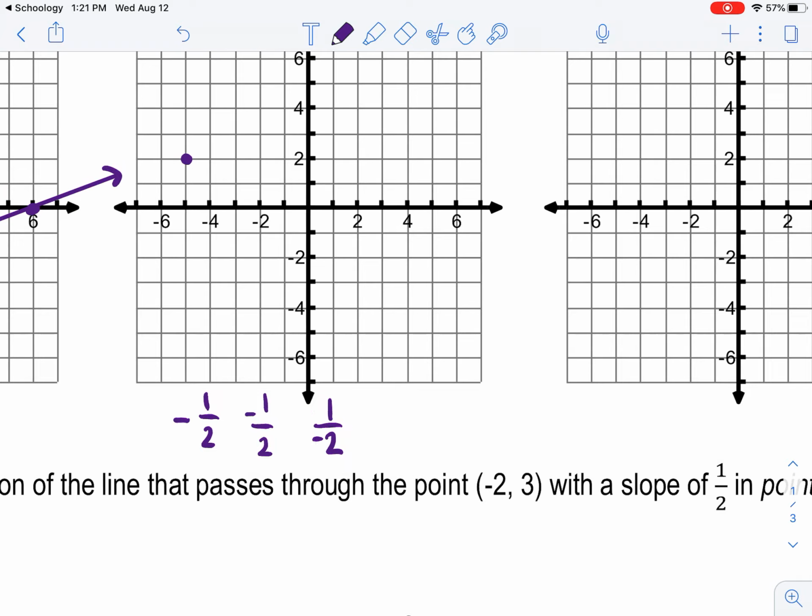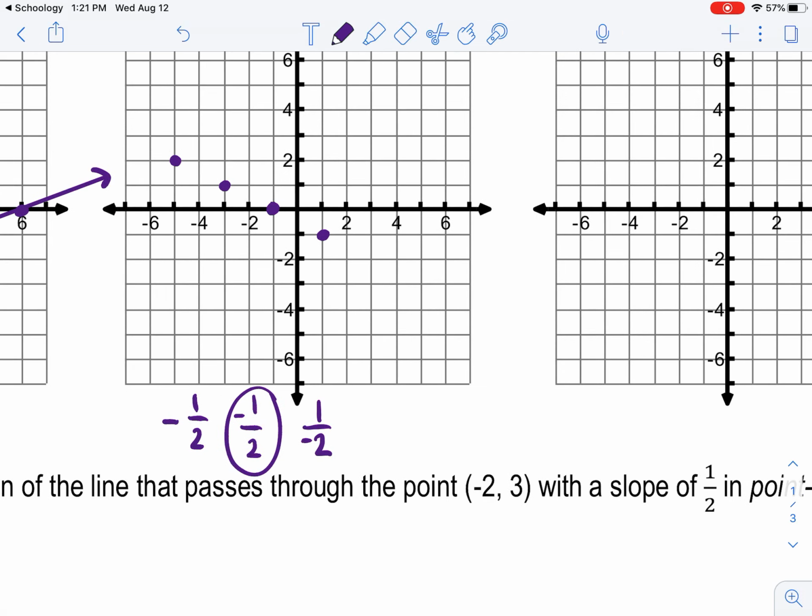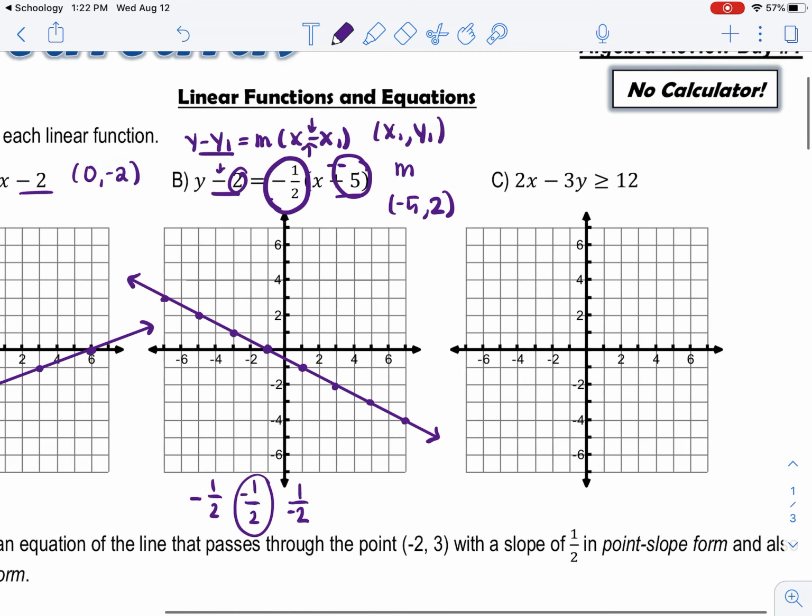So from that point, you can go down 1, right 2, down 1, right 2, and keep going so you can have as many points as possible. And then you can also go up 1, left 2. Connect your points. And there's your line.